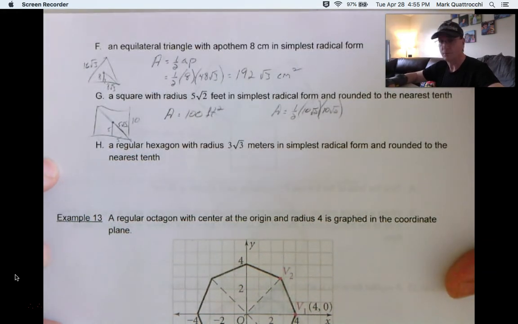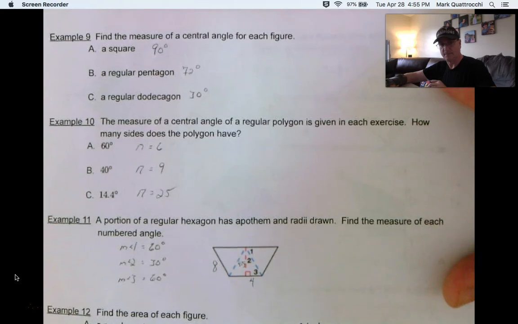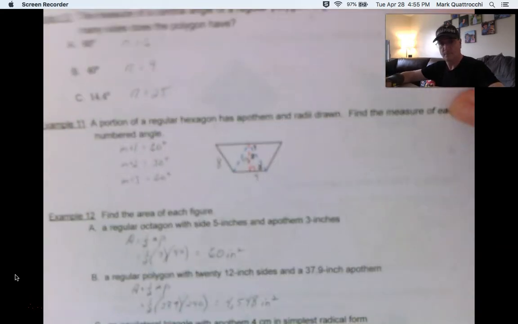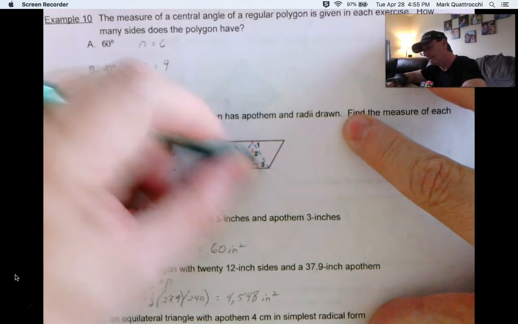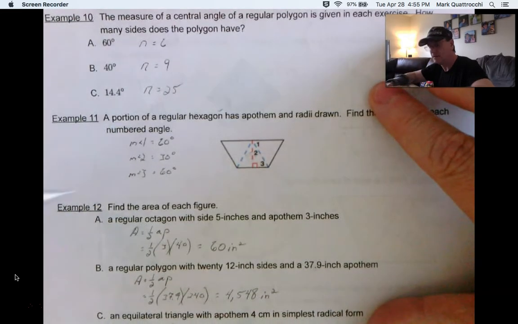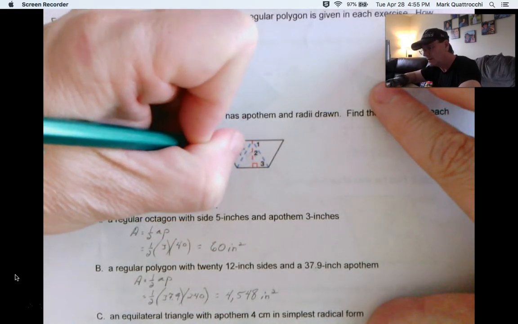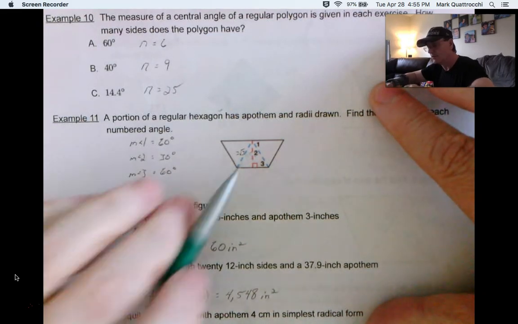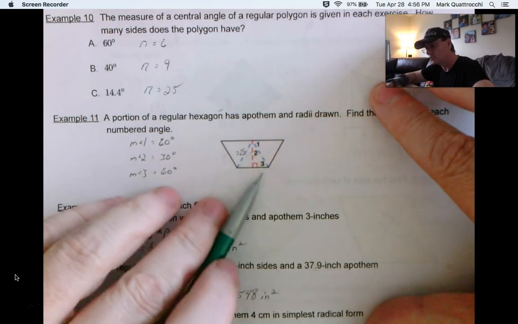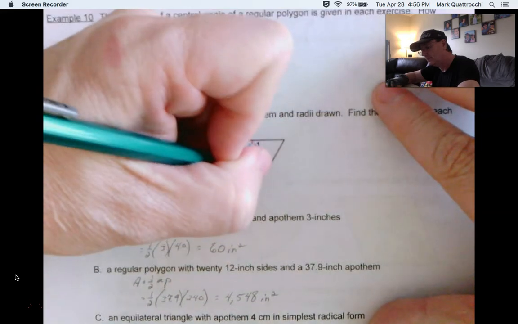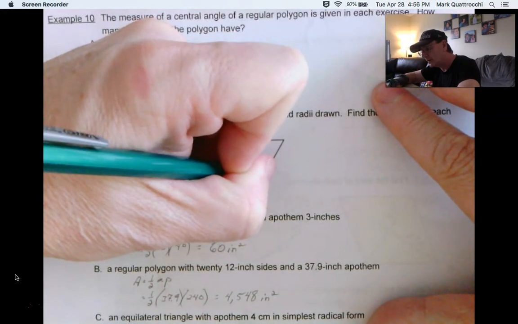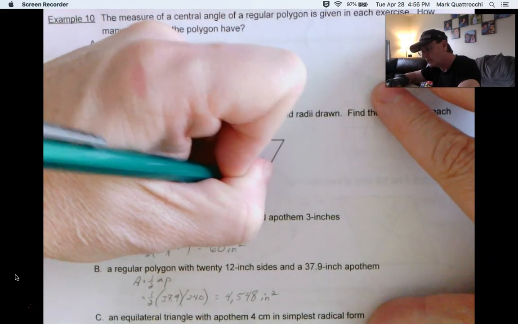Part H, a regular hexagon with a radius of 3 square root 3 meters. And I'm going to come back to this picture again, instead of redrawing it. This time the radius is 3 square root 3 meters. So if the radius is 3 square root 3, then the short leg is 3 square root 3 over 2.